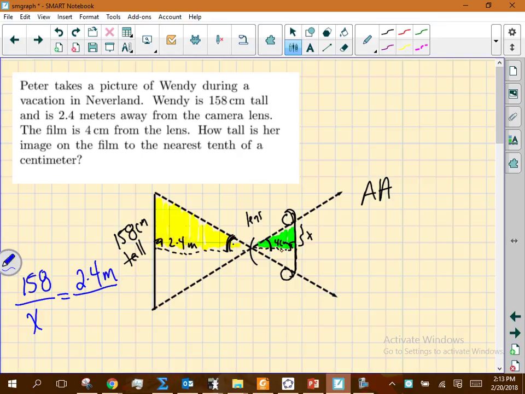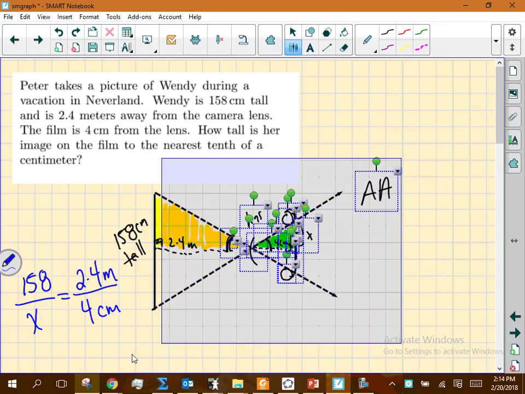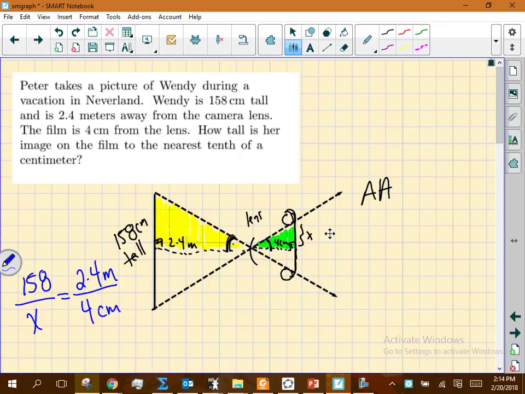And this 4 centimeters is how far the film is from the lens inside the camera. Is that okay with everybody? That's how you would set up that proportion.